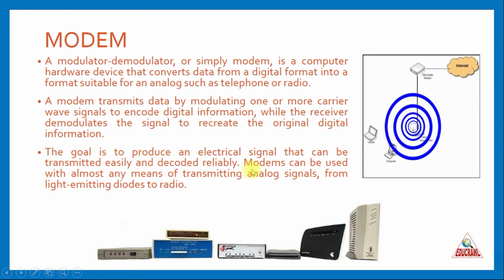The goal is to produce an electrical signal that can be transmitted easily and decoded reliably. Modems can be used with almost any means of transmitting analog signals, from light emitting diodes to radio. So this is the important application of modulation that we discussed.